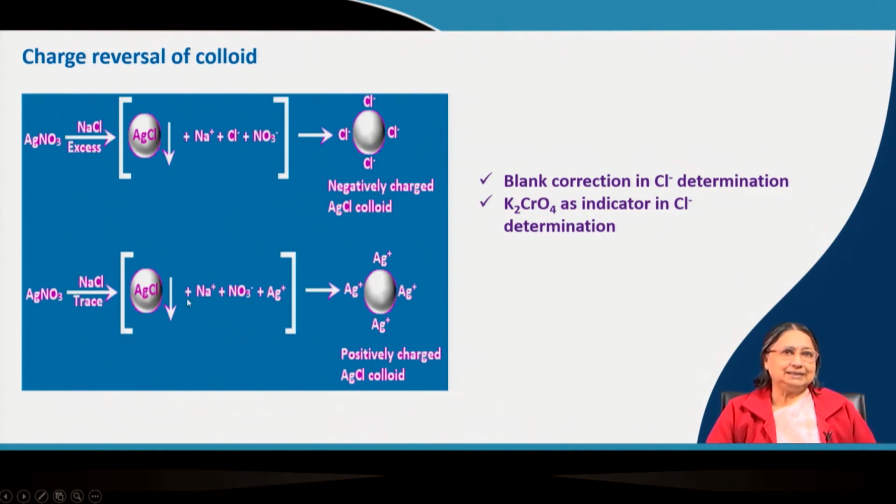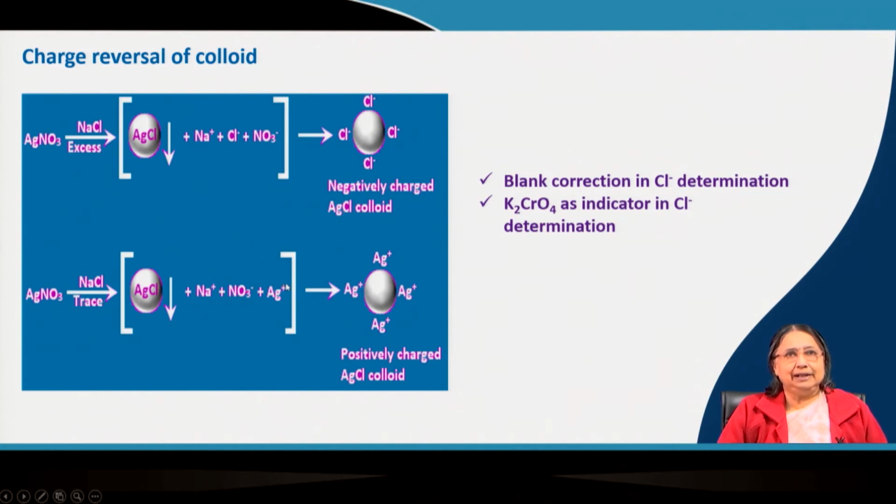just do the reverse thing. You take silver nitrate in a solution and then you add sodium chloride in trace, a small amount. Still you will get silver chloride as the precipitate, but here you have added NaCl in trace amount. So silver nitrate will remain in excess.